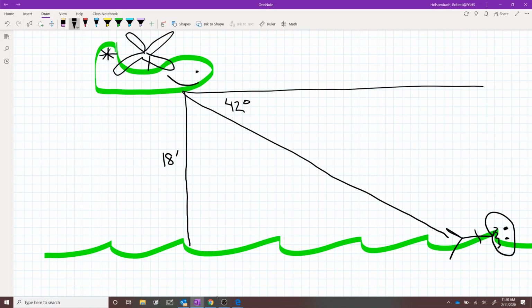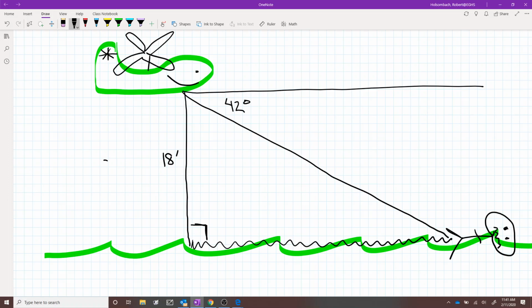The question is, what is the horizontal distance from the rescuers to the person? You need this number. Here's your horizontal distance. Since we're using a horizontal line and a vertical line, this is a 90-degree angle, so it's a right triangle.